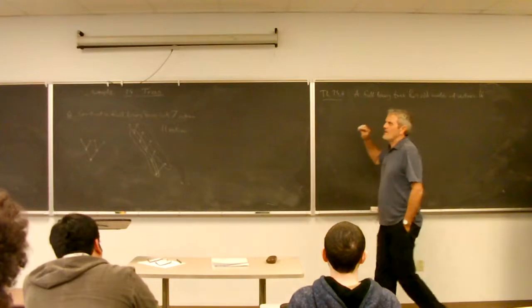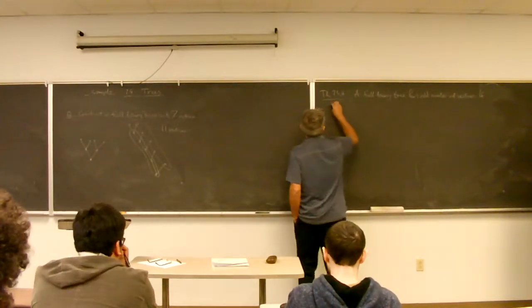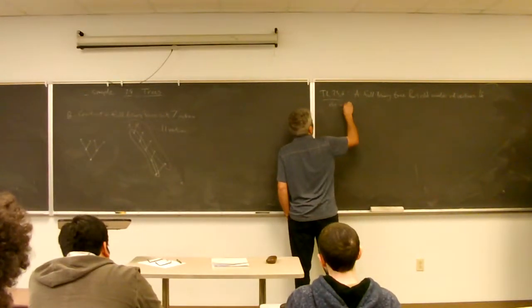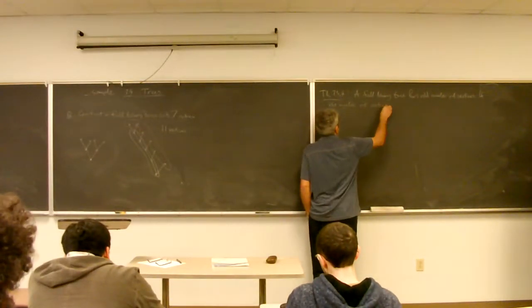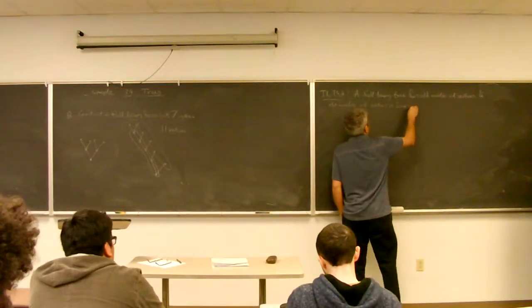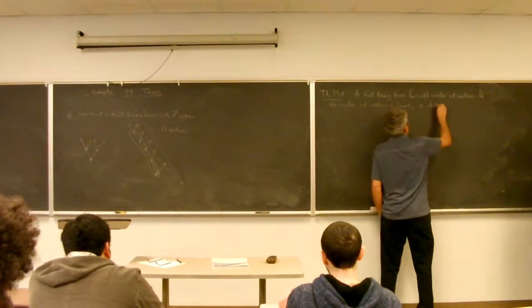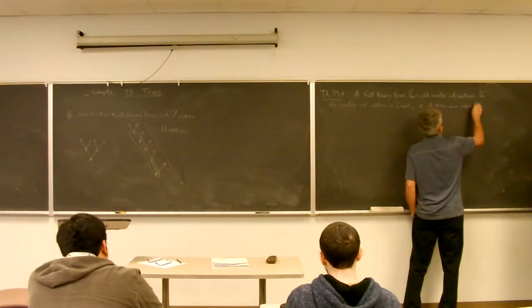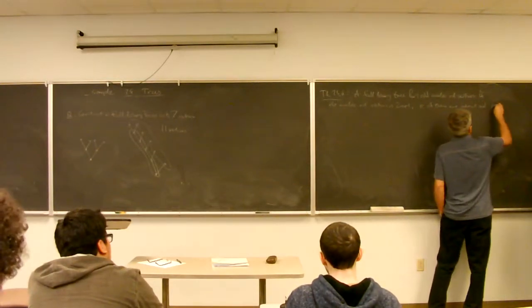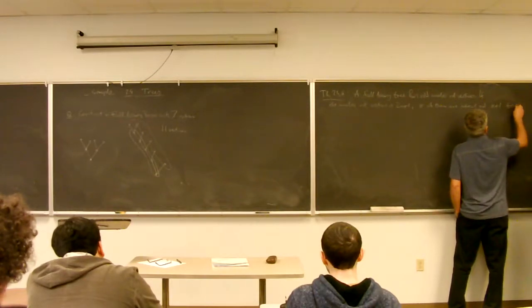If the number of vertices is 2k plus 1, k of them are internal, and k plus 1 terminal.